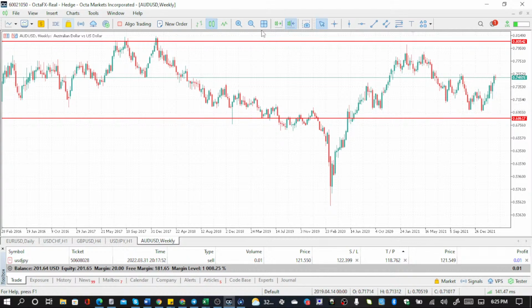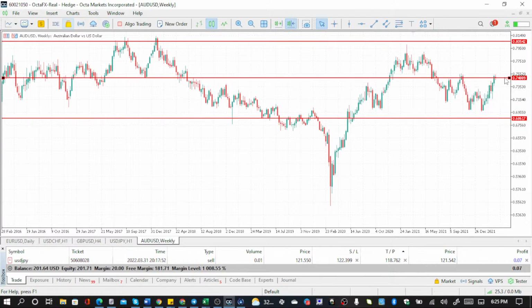This level where the price currently sits is a critical level to look at, because at some point this same level was a support level, and at some point it was a resistance level.